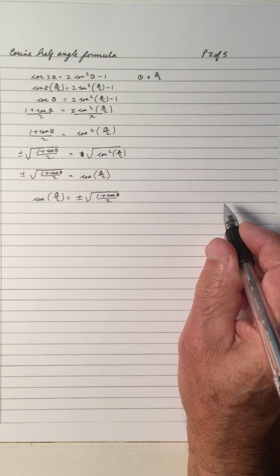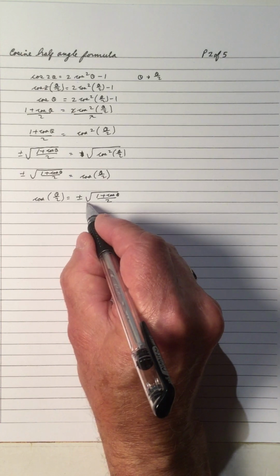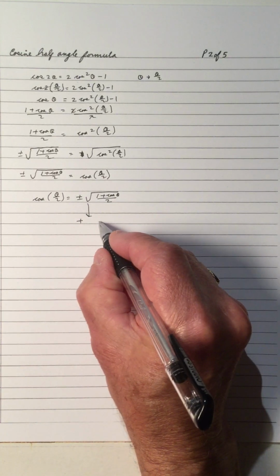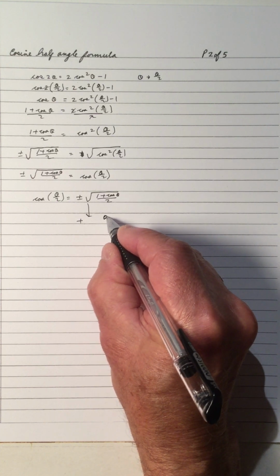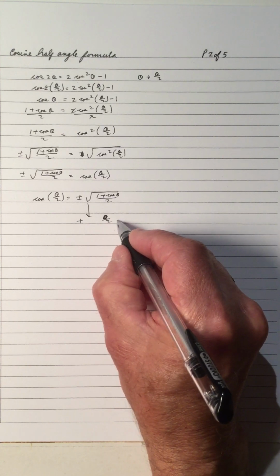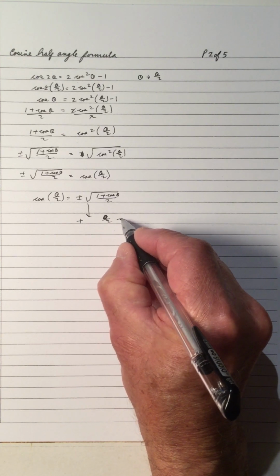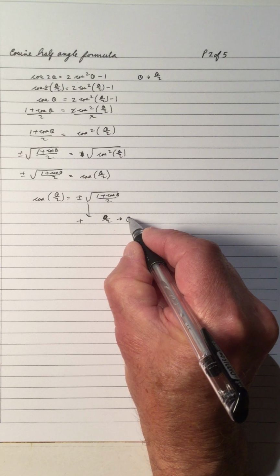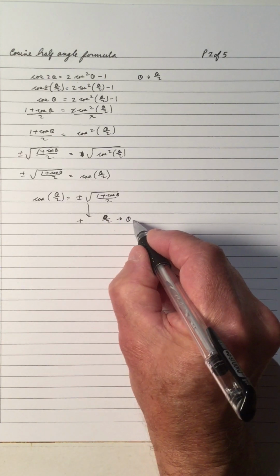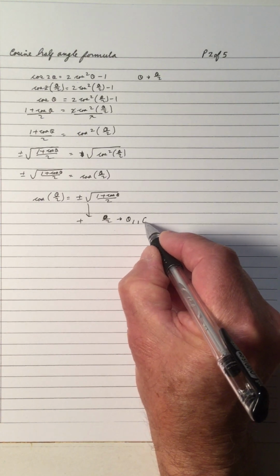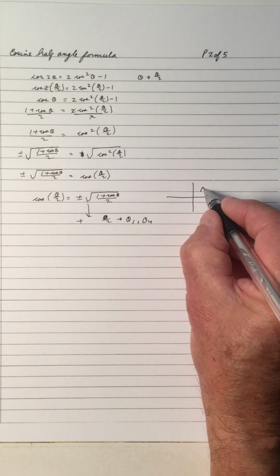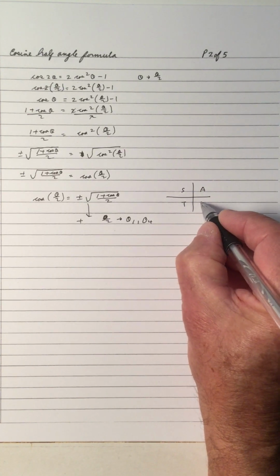I just want to draw your attention to when this is positive: when theta over 2 is in certain quadrants. Cos is positive in quadrants 1 and 4, so we add sugar to coffee.